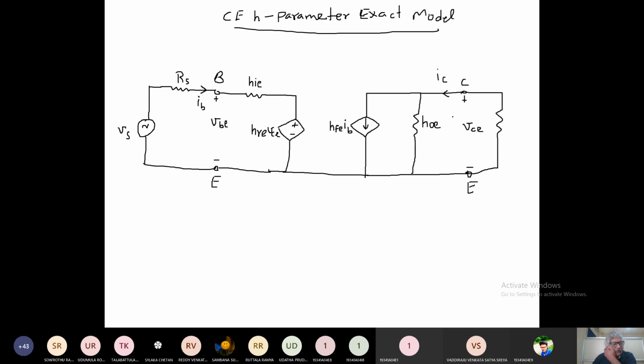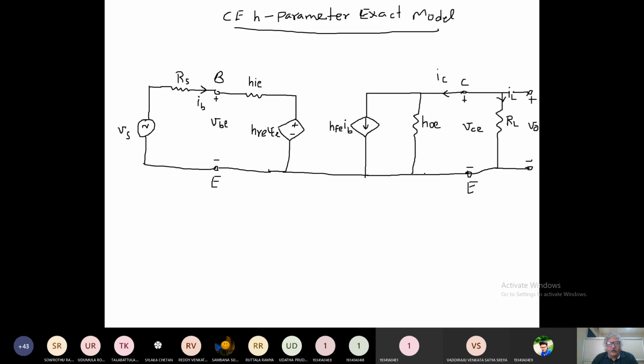Then the load resistance RL. In this resistance we have the current IL, and across this we are getting the output voltage. So this is the common emitter H parameter exact model.